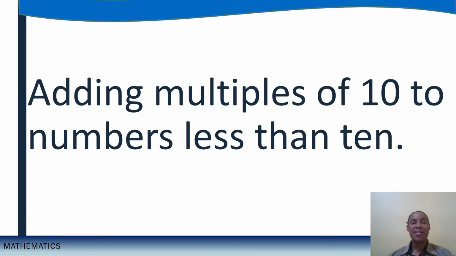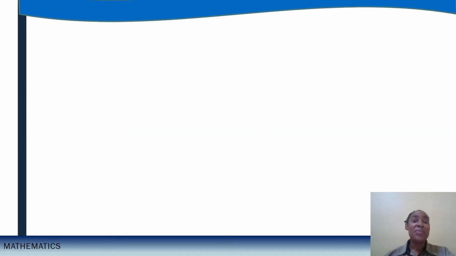Now, boys and girls, now that we understand what multiples are, and we know the multiples of 10, we will be adding multiples of 10 to numbers less than 10. Our first example is 10 added to 5.